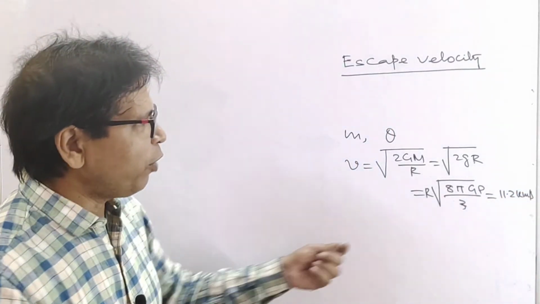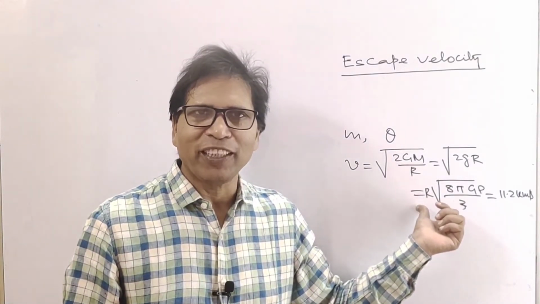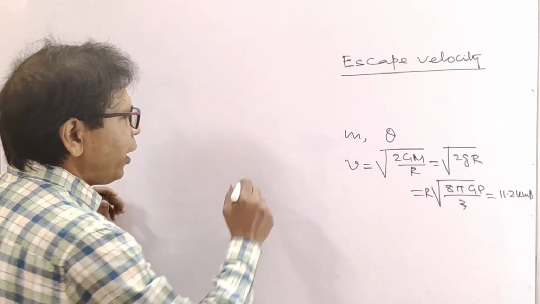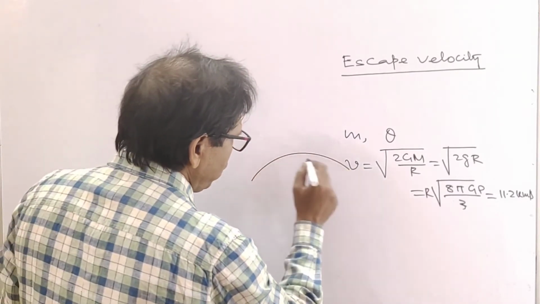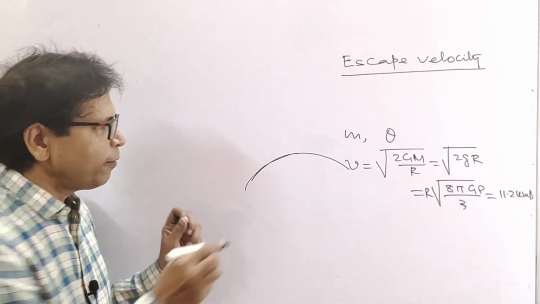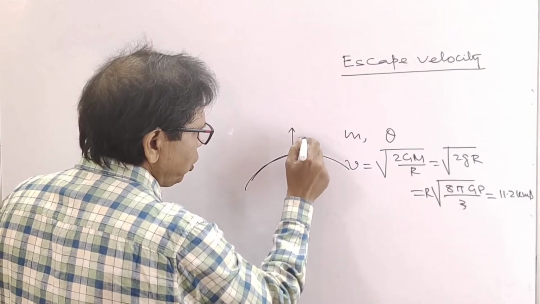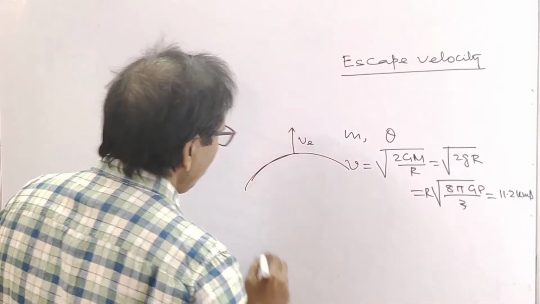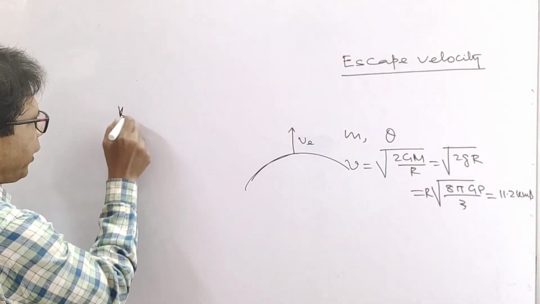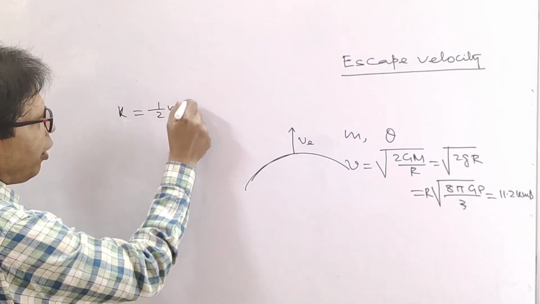Okay. Now we derive the expression of escape velocity. The derivation of escape velocity is obtained from the conservation of mechanical energy. Suppose on the Earth's surface the escape velocity is v. So look at this, kinetic energy is half m v e square.